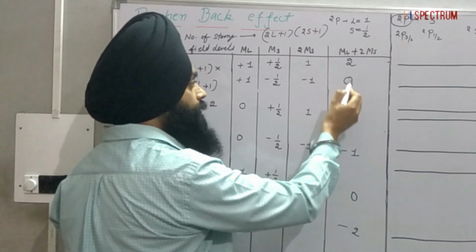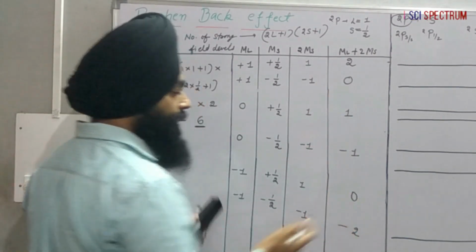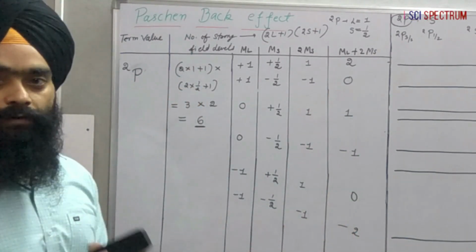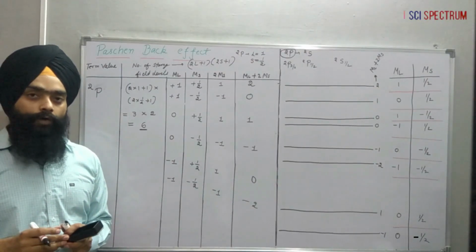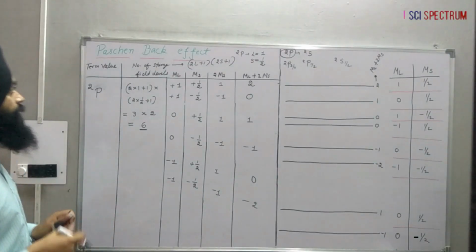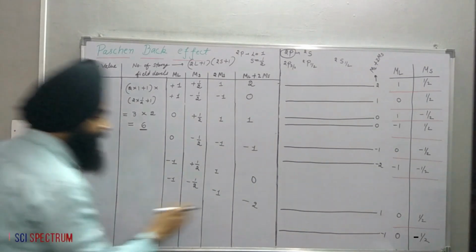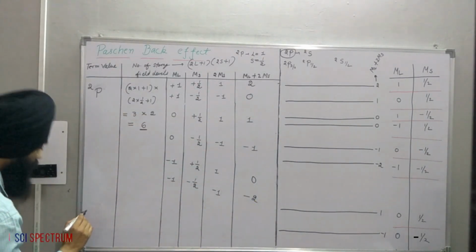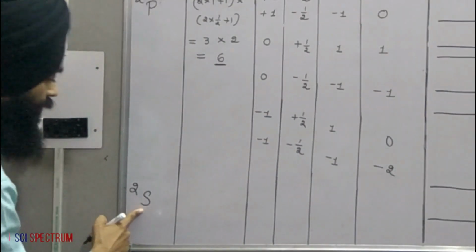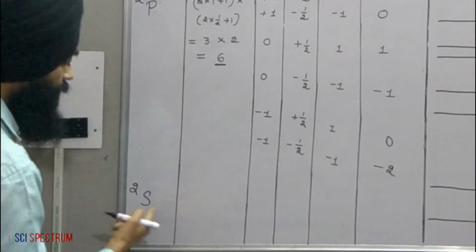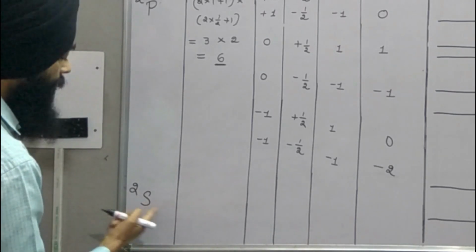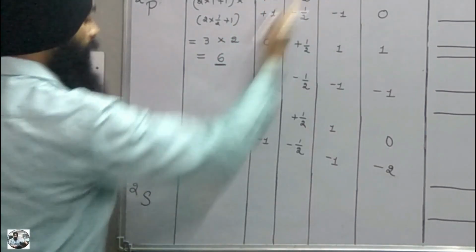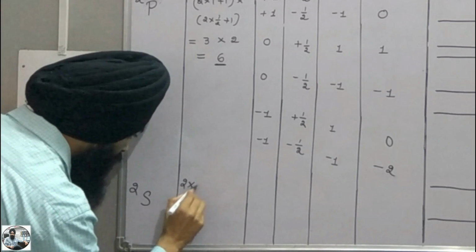We have 1, 2, 3, 4, 5, 6. So we have 6 levels. Now we will calculate the same values for the 2s term value. For 2s we have L equal to 0 and S equal to half, and correspondingly applying this formula here we can calculate the number of levels.